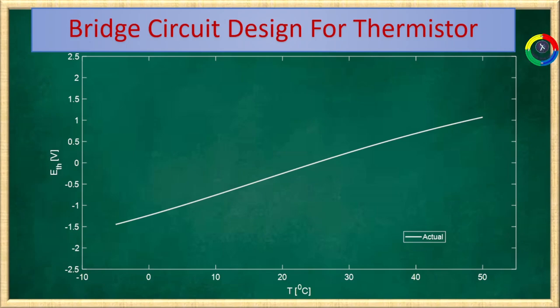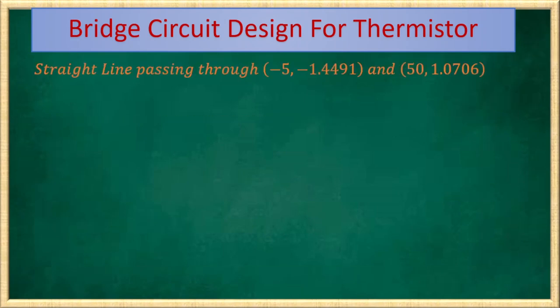50 degrees centigrade. By using the formula we derived previously, at -5 degrees centigrade, ETH equals minus 1.4491 volt, and at 50 degrees centigrade ETH equals 1.0706 volt. Now let's compute the ideal relationship by using those two endpoints, or find the straight line relationship between those two points.